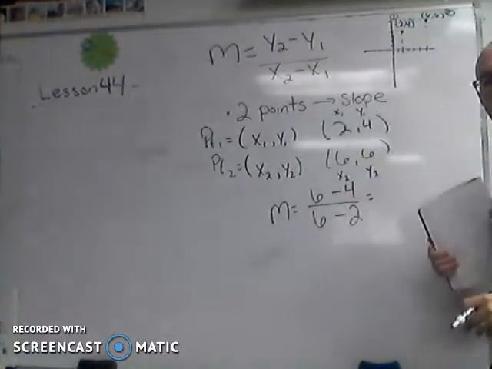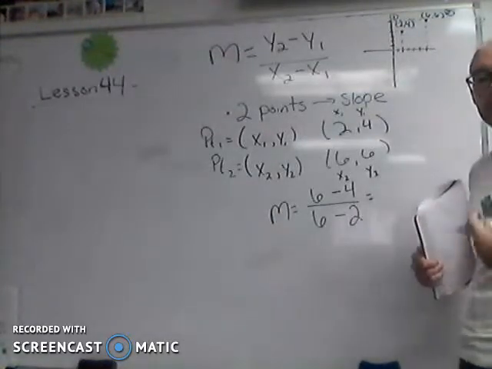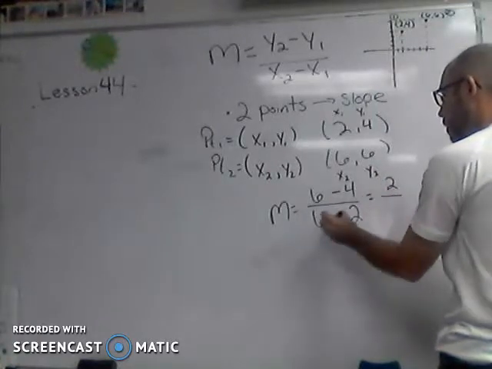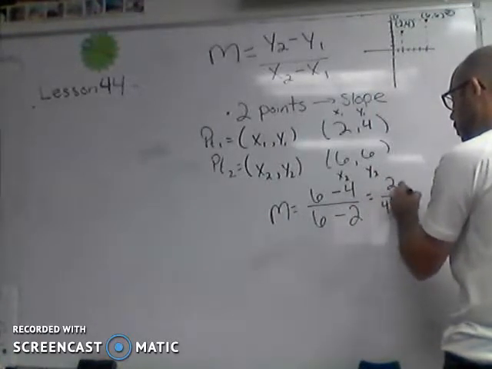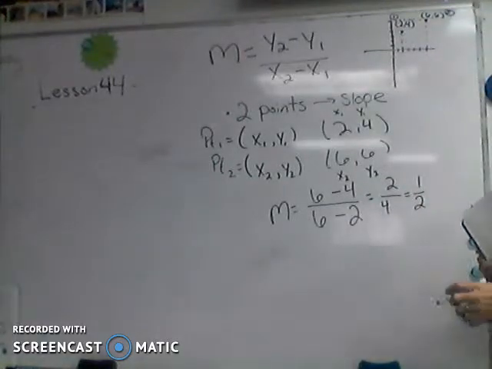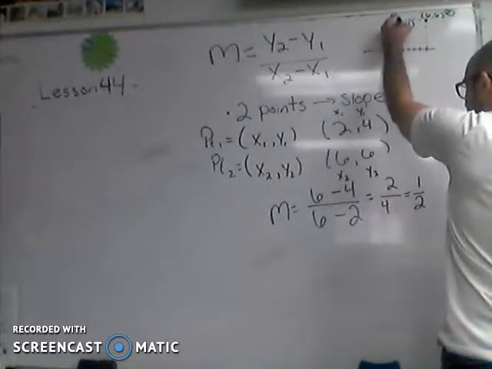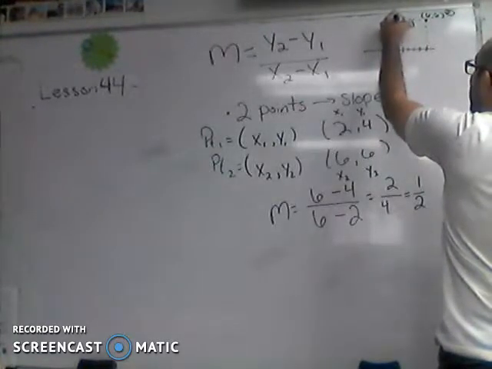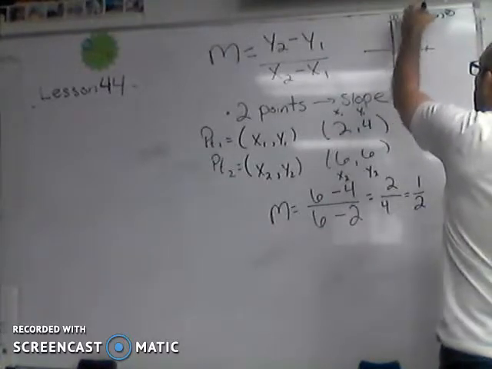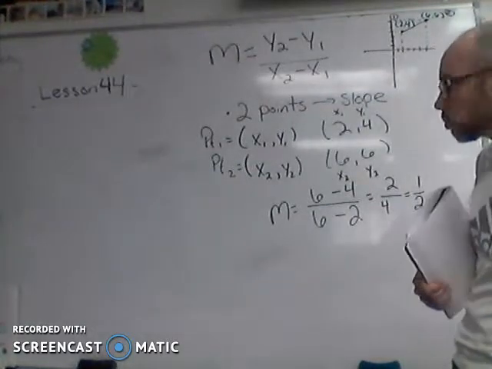But once everything's in the right place, I can determine what the change in y is compared to the change in x. So 6 minus 4 is 2. 6 minus 2 is 4. We're going to reduce that down to 1/2. So it looks like this graph goes up 1 every time it goes over 2. Up 1 over 2 to get from point 1 to point 2.